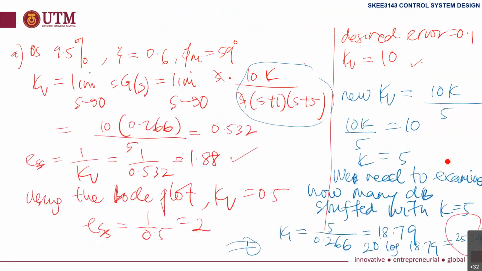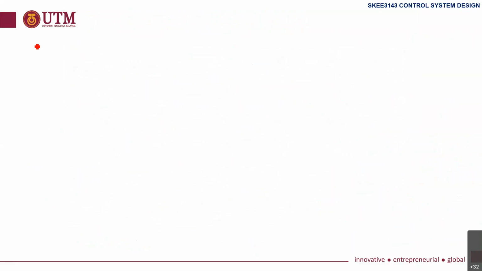Then we want to design a lag compensator to obtain a phase margin of 59.2 degrees to achieve 9.5% overshoot.